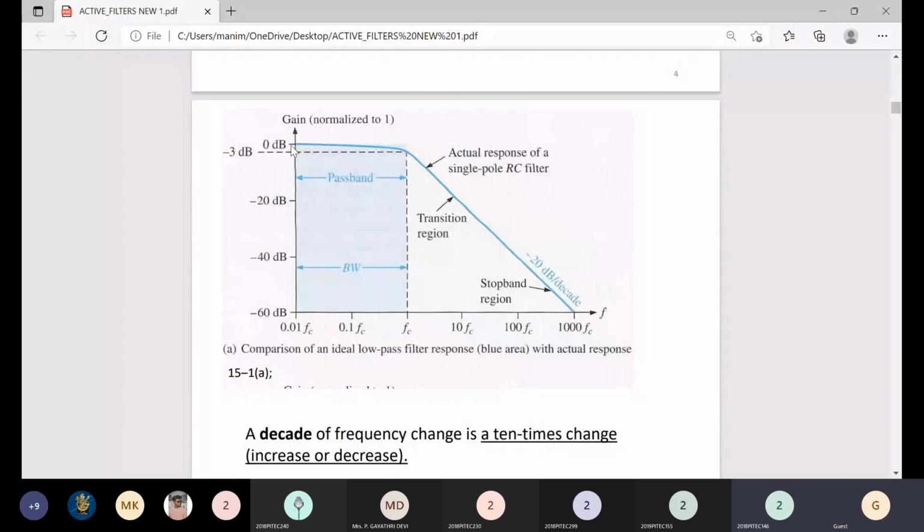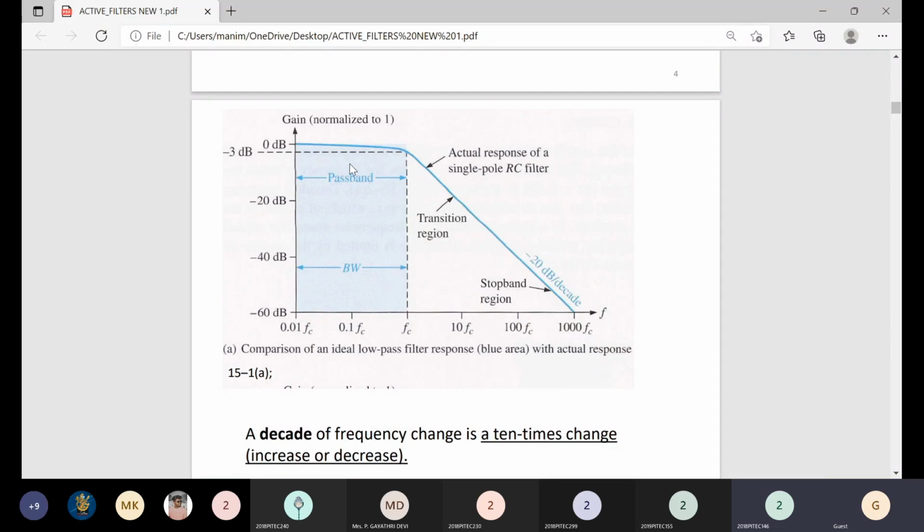At the particular cutoff frequency, the gain is reduced by 3 dB. The maximum gain is 0 dB, but in value the voltage gain is 1. At the cutoff frequency the gain reduces by 3 dB, so the value is 0.707.